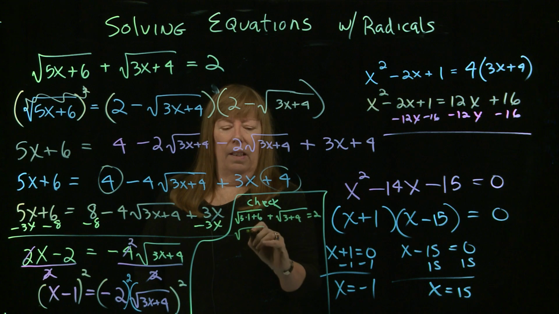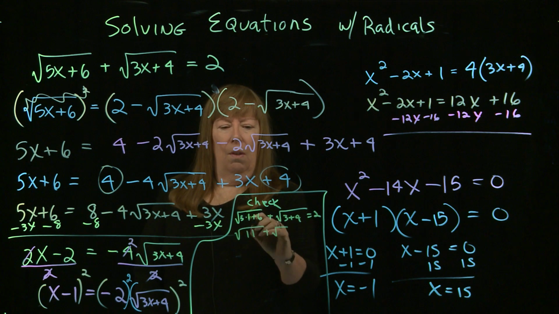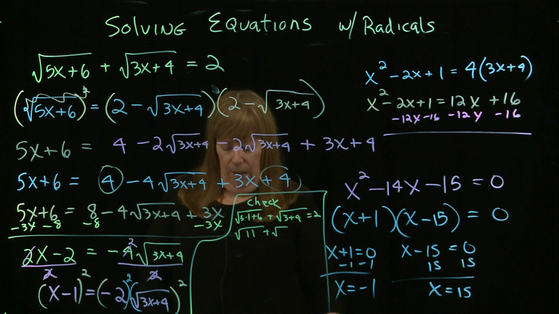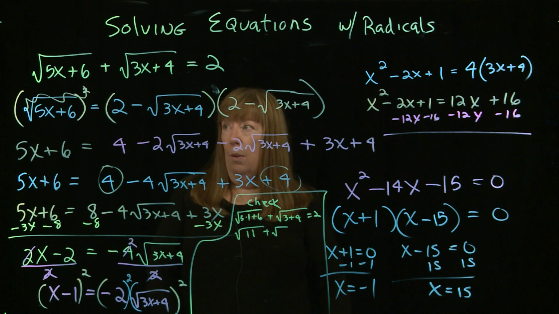So that's 11, right? Let's see, 5 plus 6 is 11, and that is 7, and that's not 18, and that's not going to work, because what silly thing did I do here?